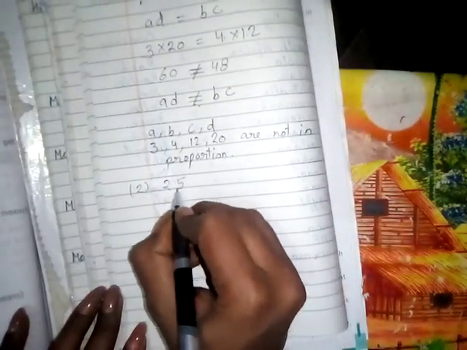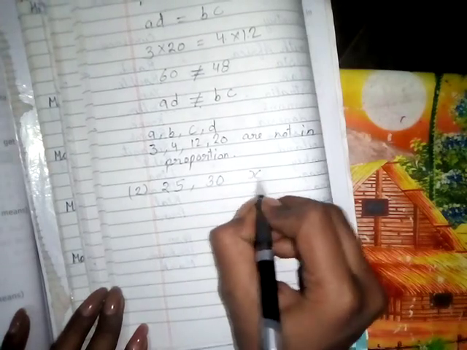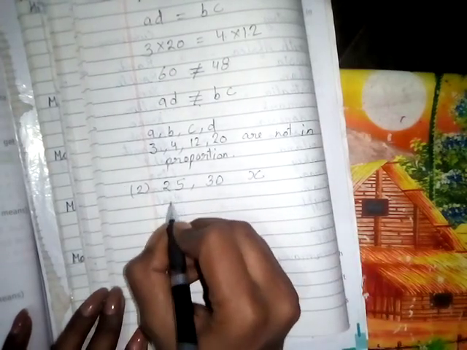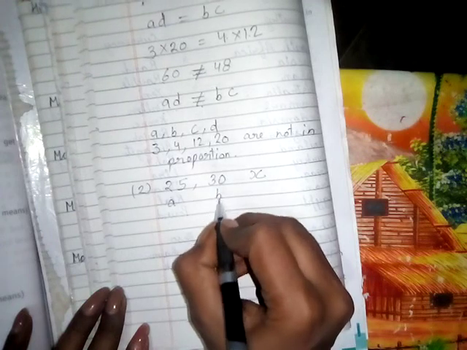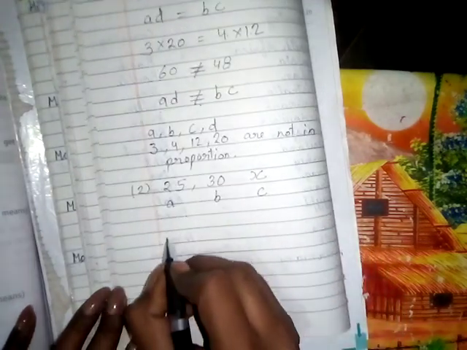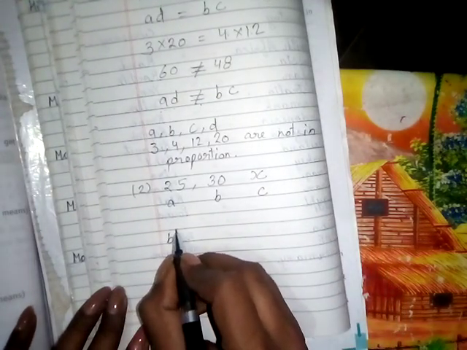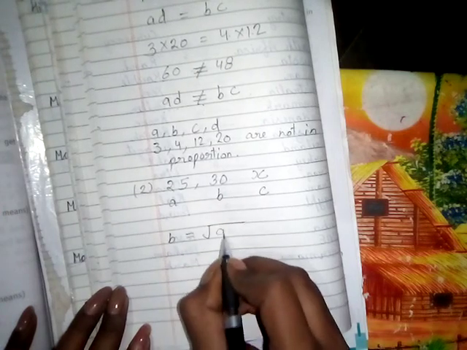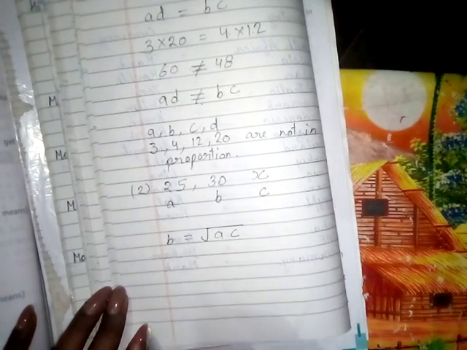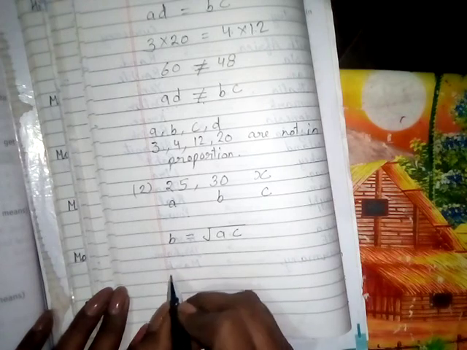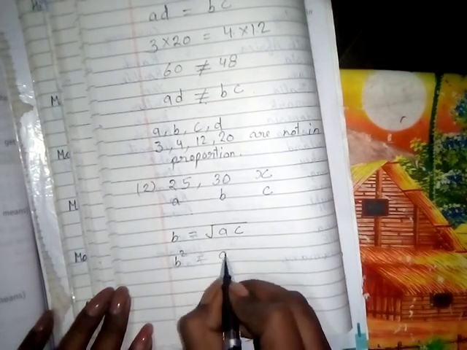Firstly we will write 25, 30 and x. So we will take 25 as A, 30 as B and this as C. We know the condition B equals under root AC, or we can write B square equals AC.